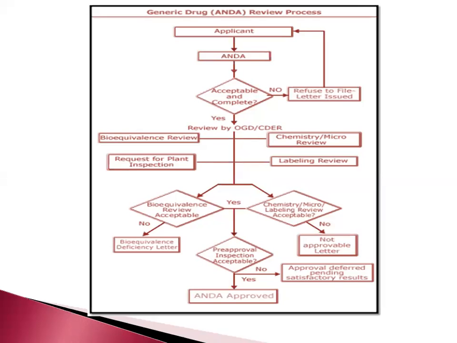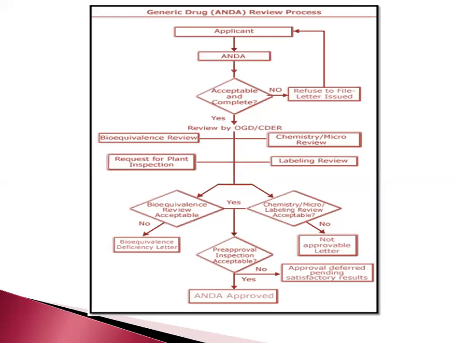Once they finish pre-approval inspection, in that case, they will come to the conclusion that whether to approve that particular product or not. If it is satisfactory, if it is okay, in that case, they will give ANDA approval to the respective manufacturer or applicant.